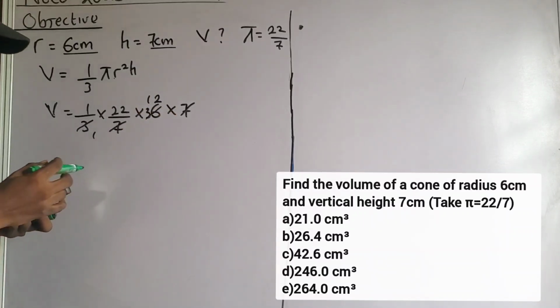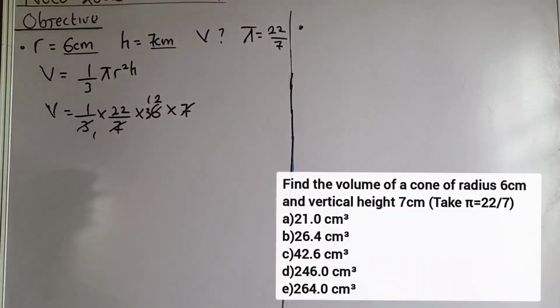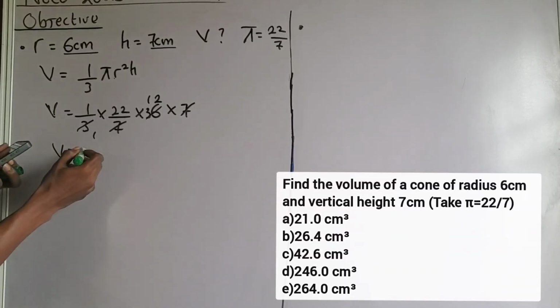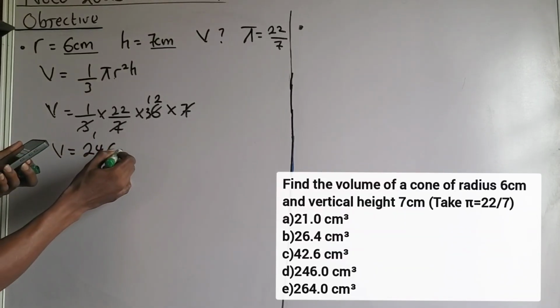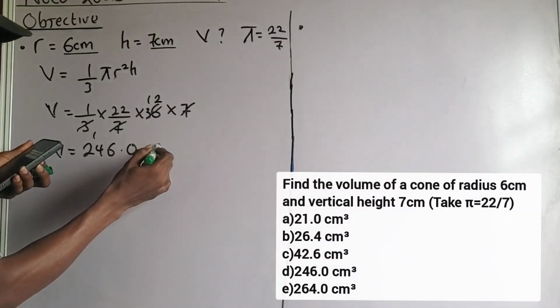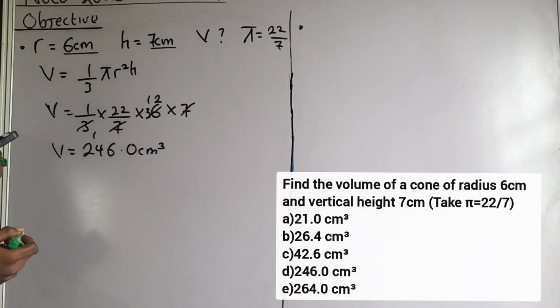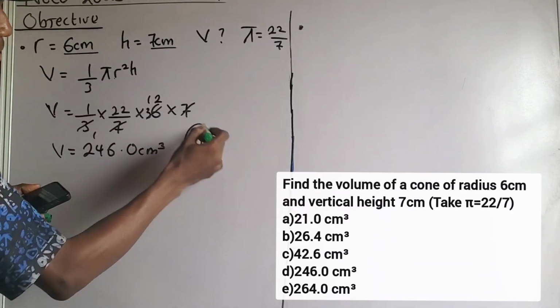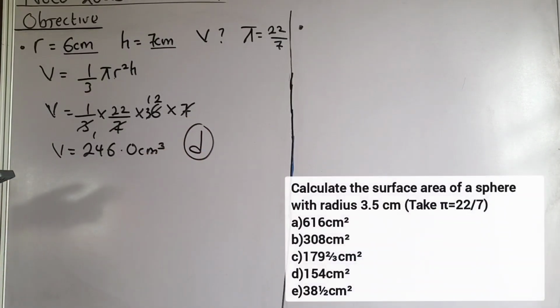So the answer is the product of 12 and 22. 12 times 22 is 264. So the volume is 264.0 centimeter cube. So the correct option to that question is option D. Option D is correct.